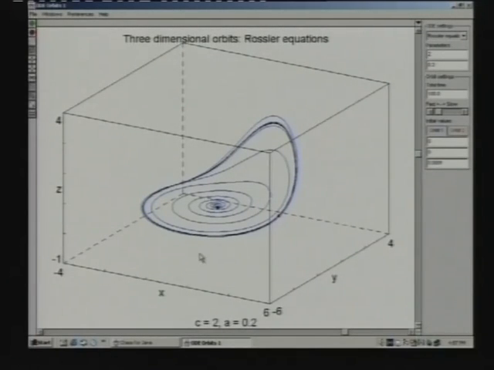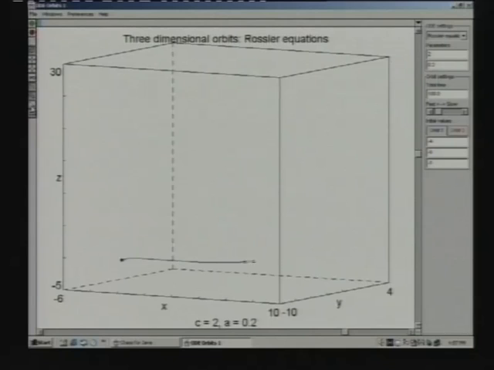Where do you want to start, so that you can see the incoming spiral orbit, say x is equal to -4, y is equal to -6 and z is equal to -1. So, -4, -6, -1. Okay.